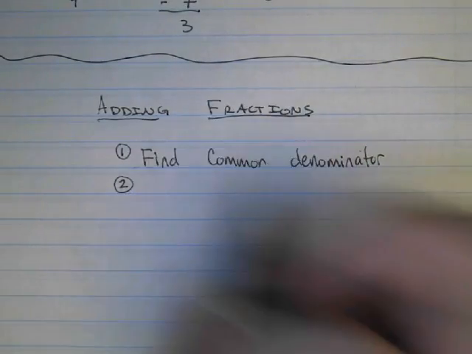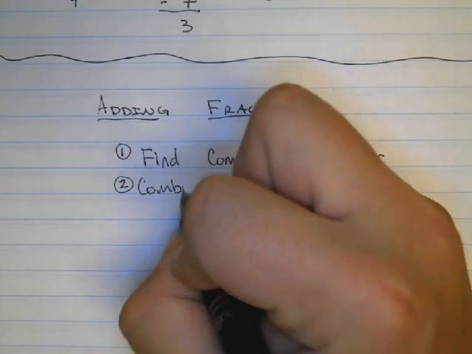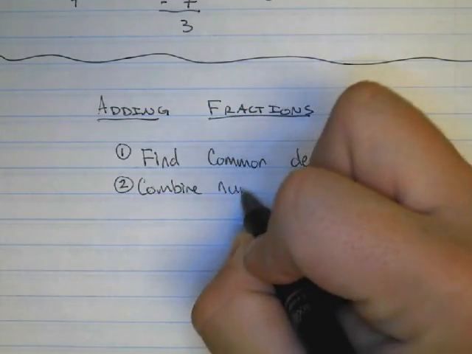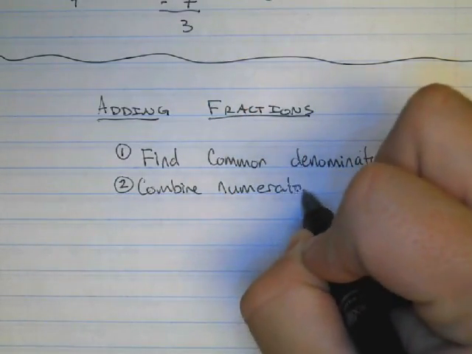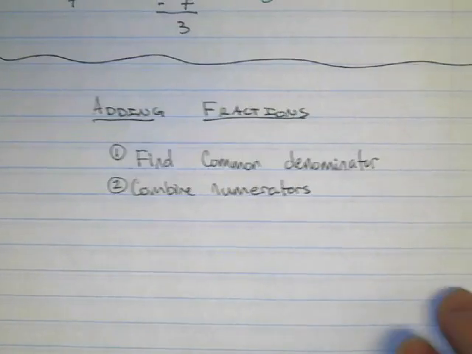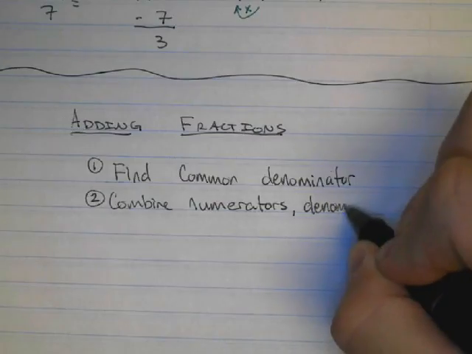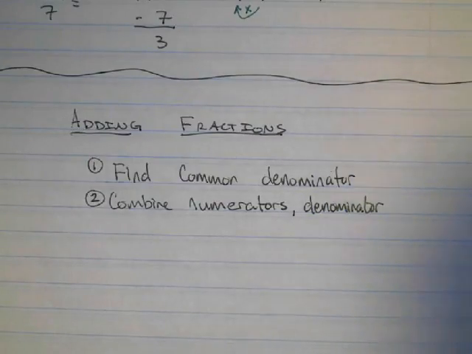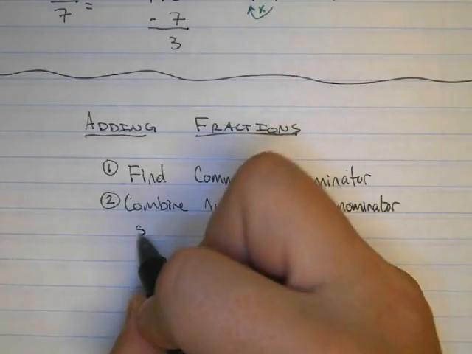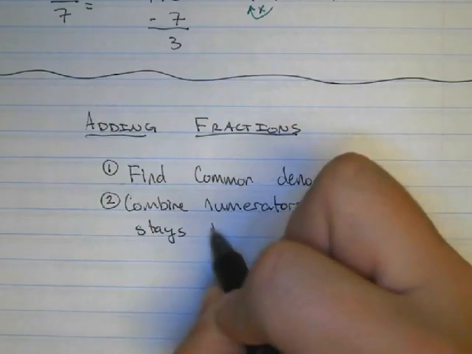And step 2 will be combine numerators. The denominator stays the same.